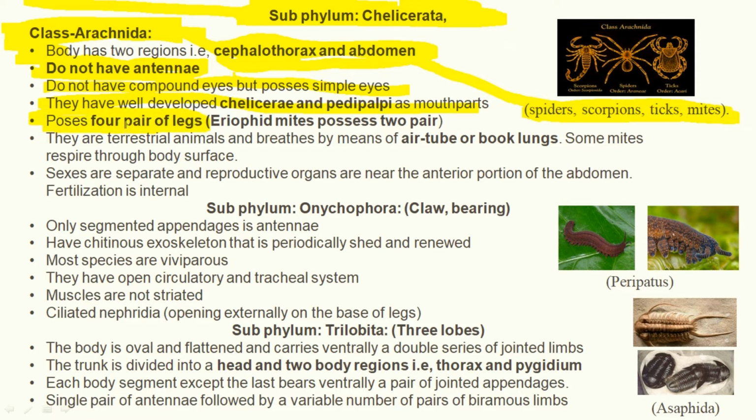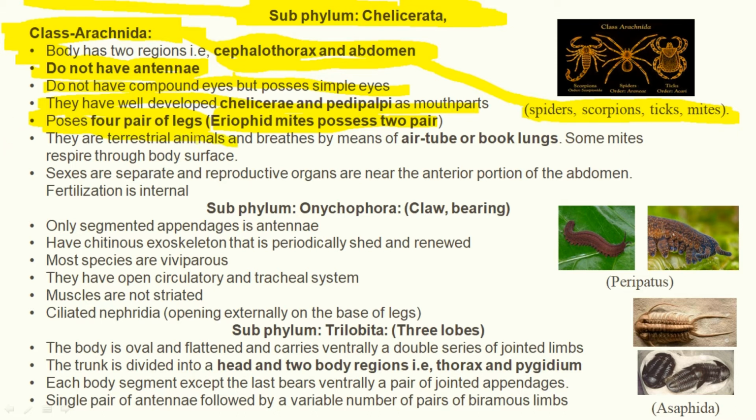Generally they have 4 pairs of legs, but there are some exceptions. In eriophyid mites, they possess 2 pairs. In their metamorphosis, the life cycle, nymphs will be there: proto, deuto, trito nymphs. In those nymphs sometimes 3 pairs of legs are there, but in the adult stage they always have 4 pairs of legs, except in eriophyid mites.